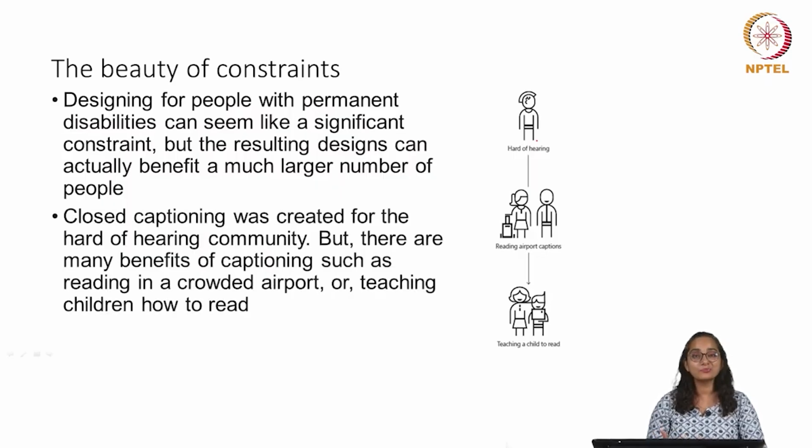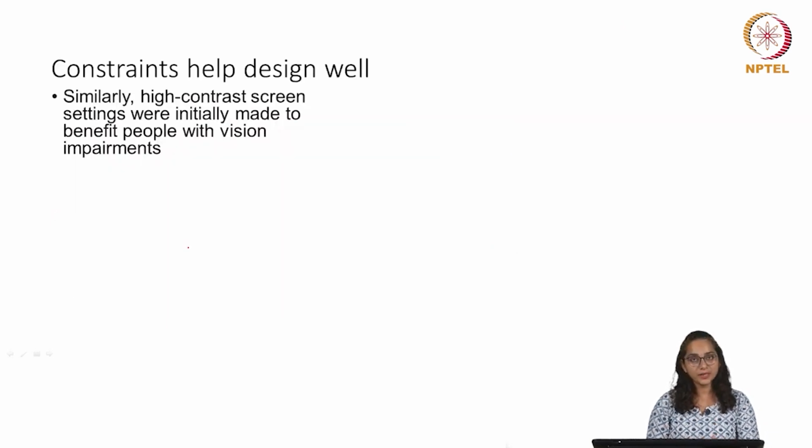For example, closed captioning was created for the hard of hearing community, but there are many benefits of closed captioning, such as reading in a crowded airport or teaching children how to read. Constraints help us design better.